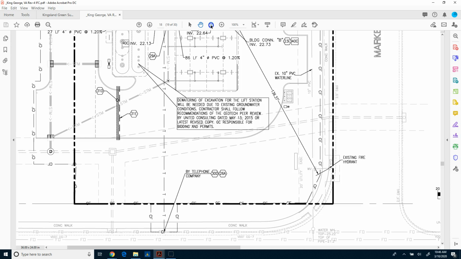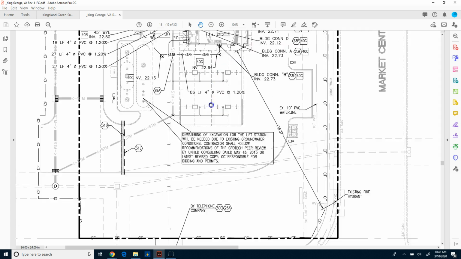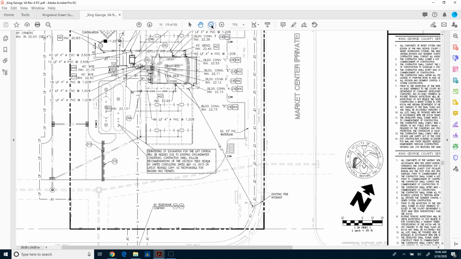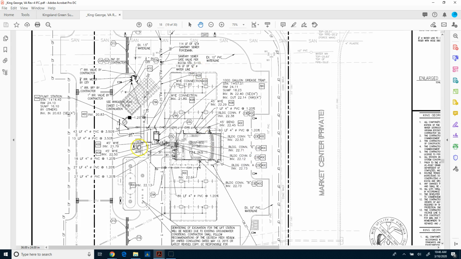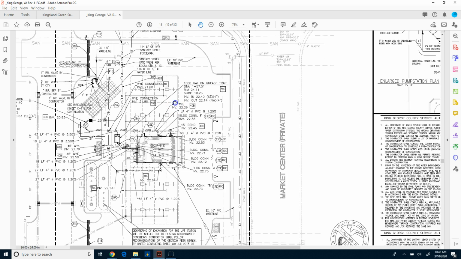Typically, whether they'll need it to be staked out and/or located depends on who the utility contractor is and what they're doing. But in a lot of cases, you may have to locate this after it gets put into the ground for an as-built or a geographic information system, or GIS, for the county or city or state. So this here is, like I said, the utility plan.